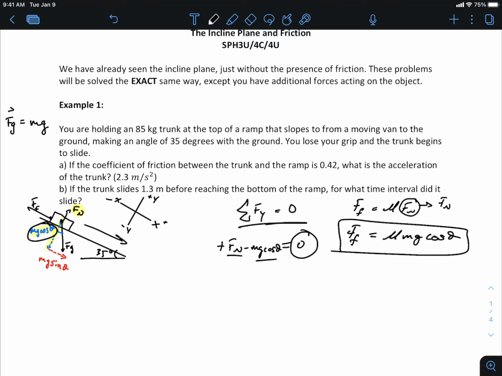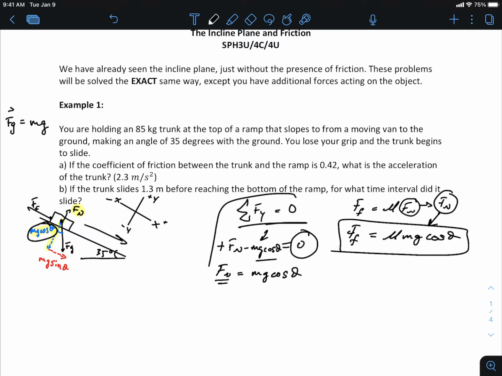So what is the y used for? Well, y is used for solving for the actual value of Fn. And that's it, right? Something we already kind of know. If I just rearrange this equation, Fn has to equal mg cos theta. That's all the y is really used for.